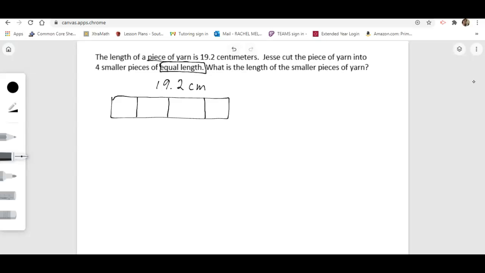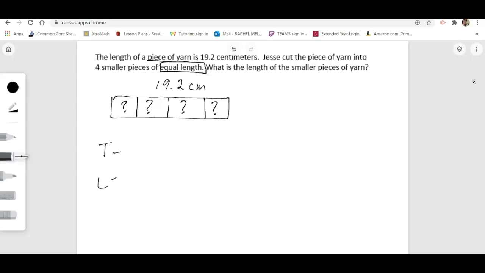What I don't know is the length of these smaller pieces. So I know my total, and I know that that total is cut 4 times, but what I don't know is how much each of those actually is in length. Okay? So I'm going to do my totals and labels.